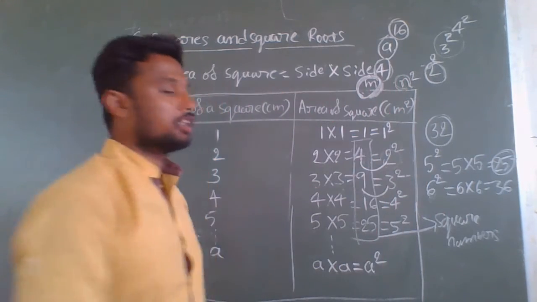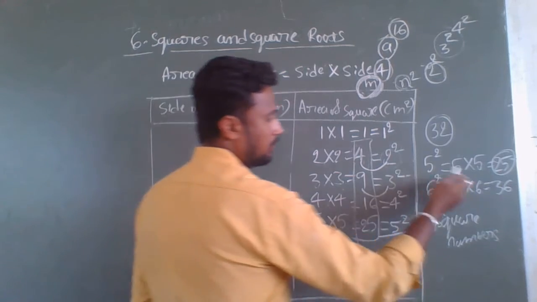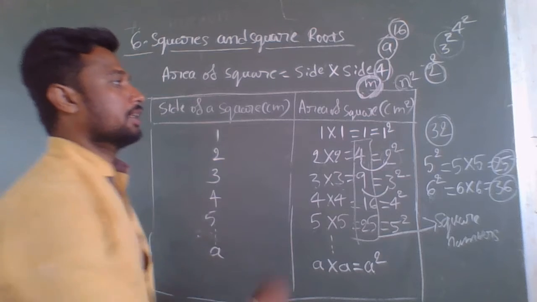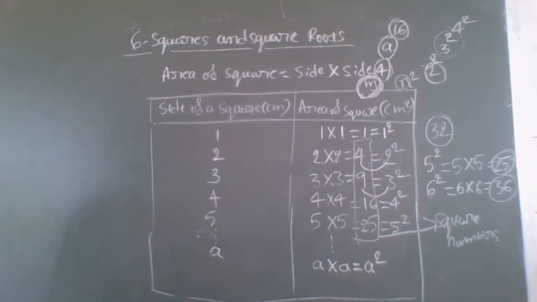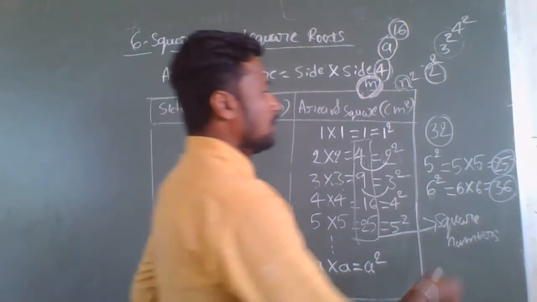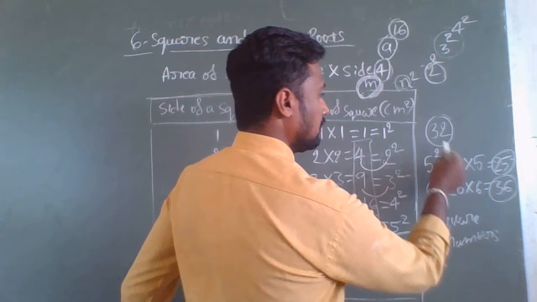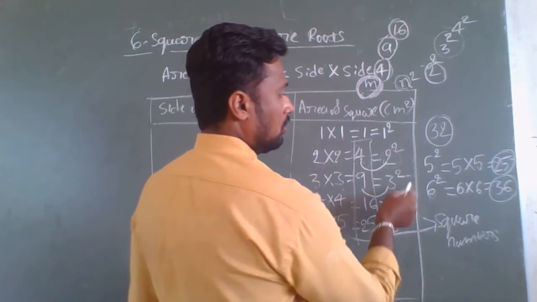So 5 square means 25 and 6 square means 36, which is greater than 32. Here this 25 is less than 32 and this 36 is greater than 32.